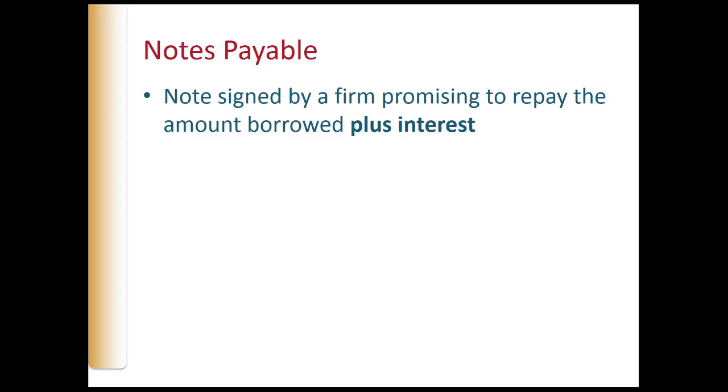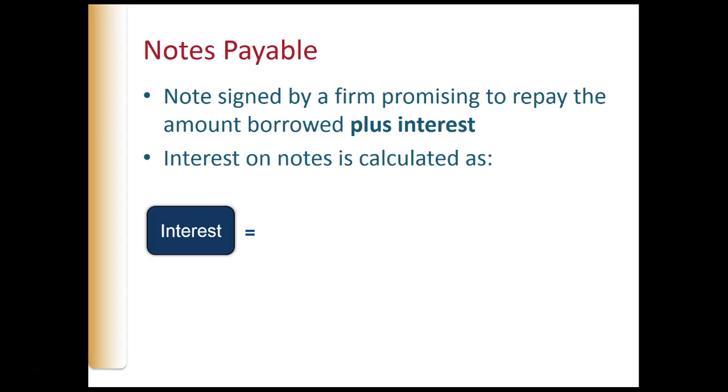When a company borrows cash from a bank, the bank requires the firm to sign a note promising to repay the amount borrowed plus interest. Now remember, banks don't lend money for free. Interest is the revenue they derive from lending money. The borrower reports its liability as a notes payable.